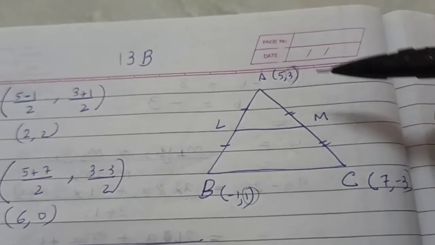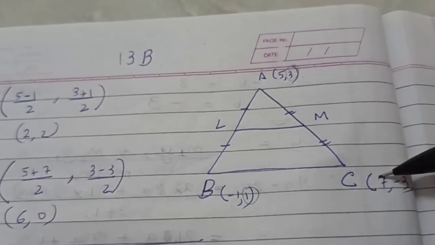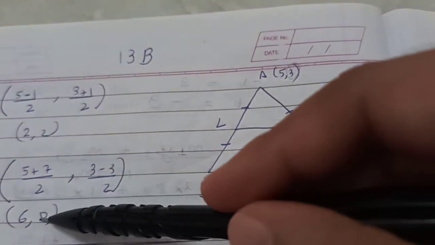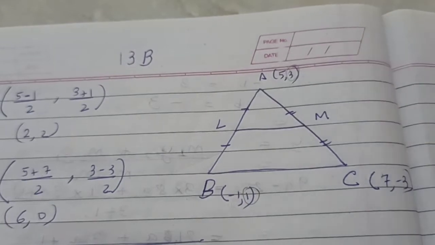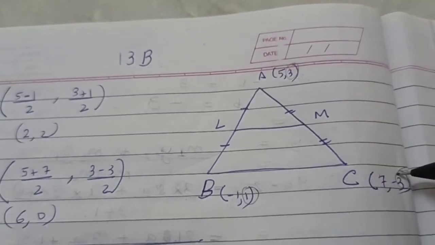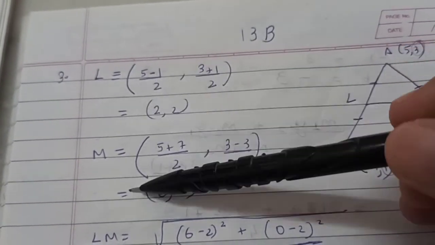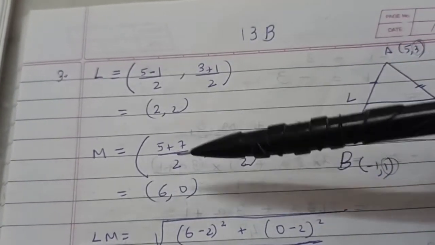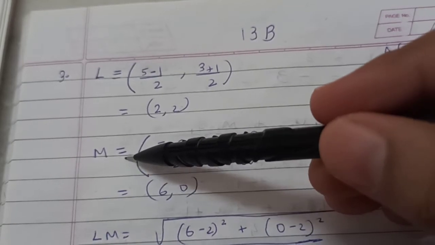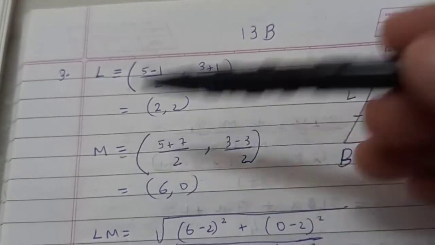Same thing. 5 plus 7, 12 upon 2, 6. So that's 6. And 3 minus 3 upon 2 is 0. Once you get the values of L and M's coordinates, and yeah, I'm using equal to sign, but you can use equivalent sign also with 3 dashes.